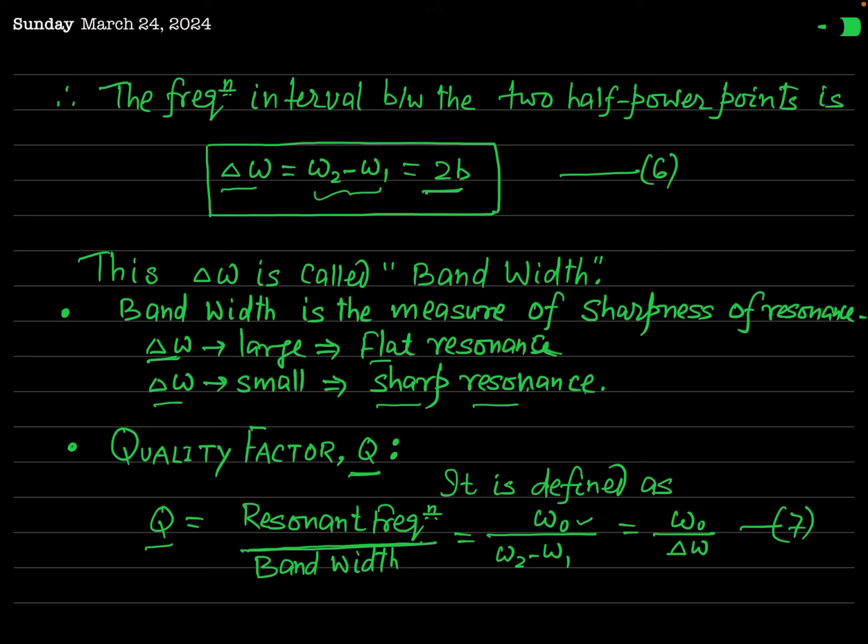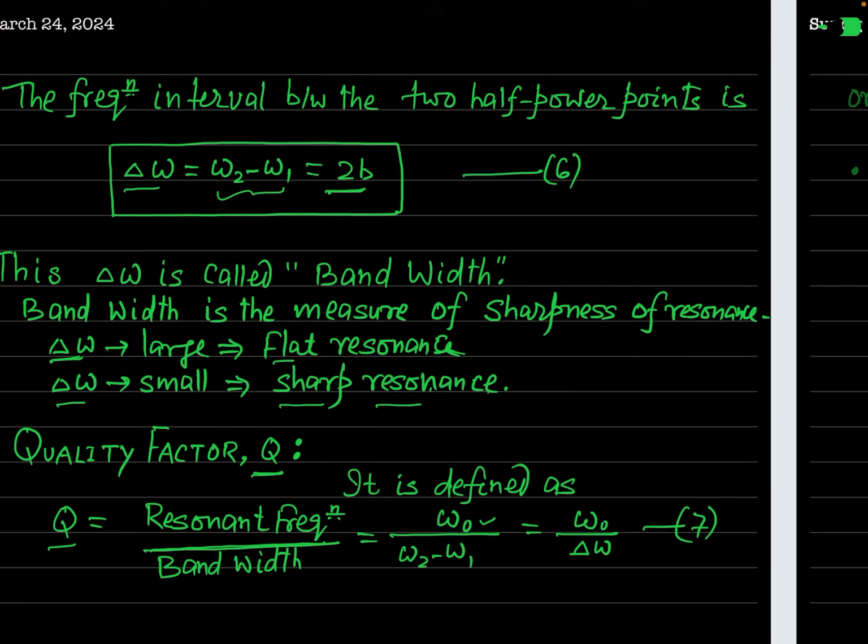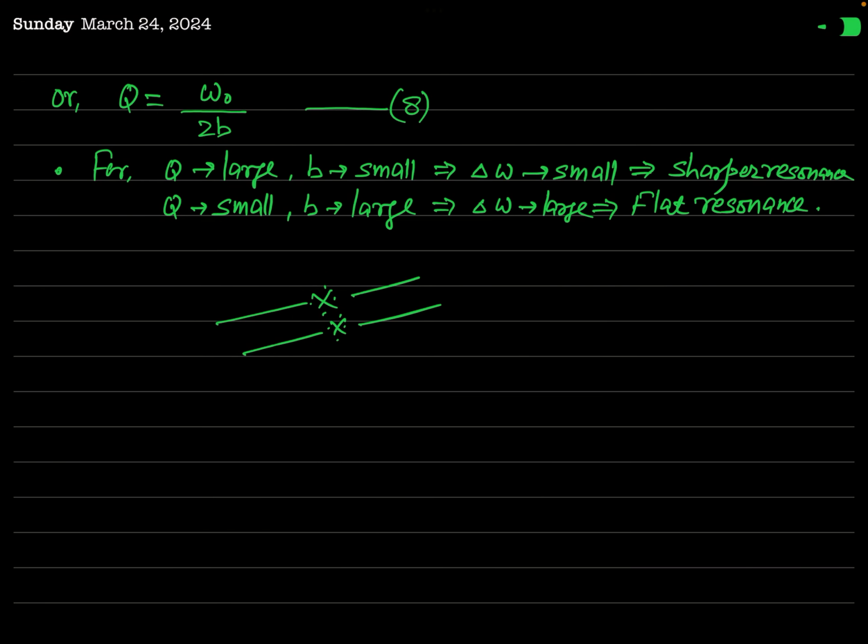So the quality factor is given by omega naught over delta omega. You can see this quality factor is inversely proportional to bandwidth.